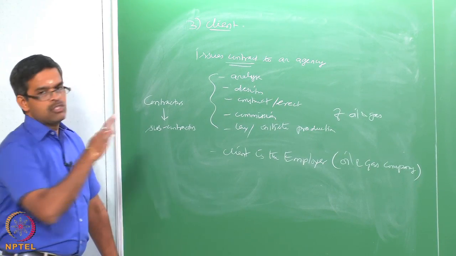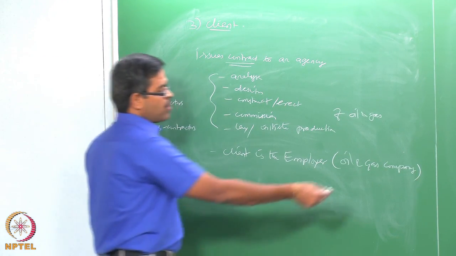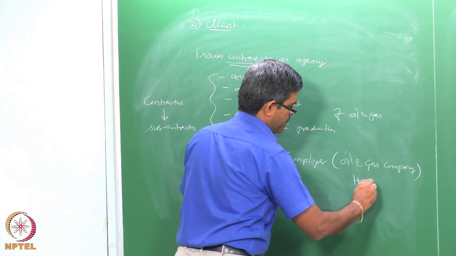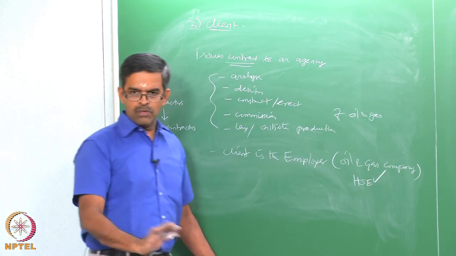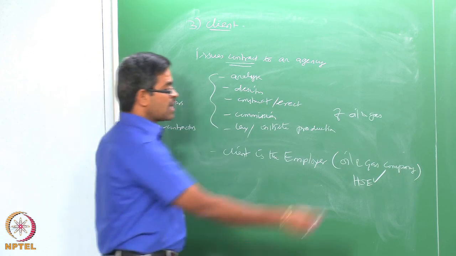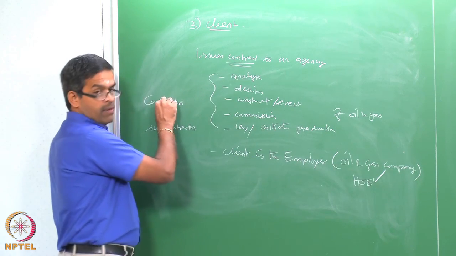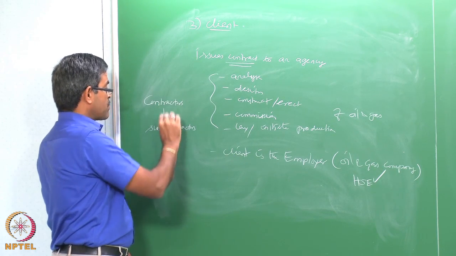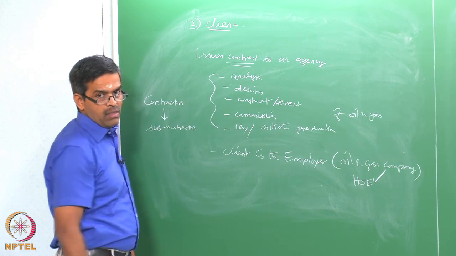So, why am I saying this? Because the company has a good HSE policy in place. Company requests a contractor to execute the work, contractor requests subcontractor or hires them to execute the work.